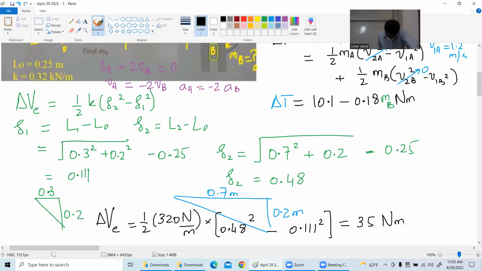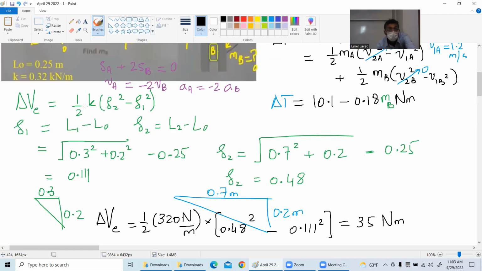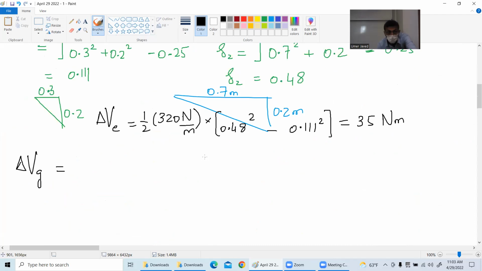Okay, let's do delta VG together. How much height is changing for the 14 kilogram? Nothing. But for the counterbalance, the height is changing. So I will write delta VG is equal to MB.